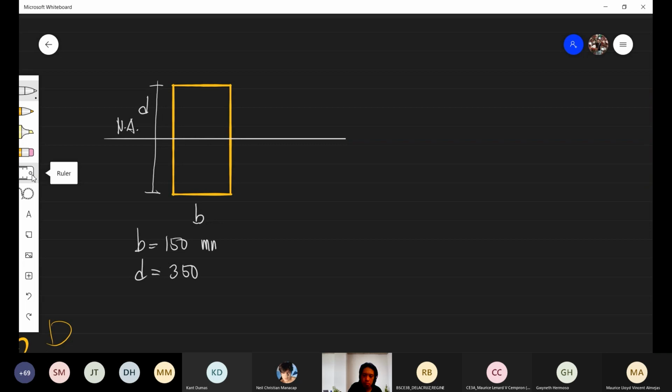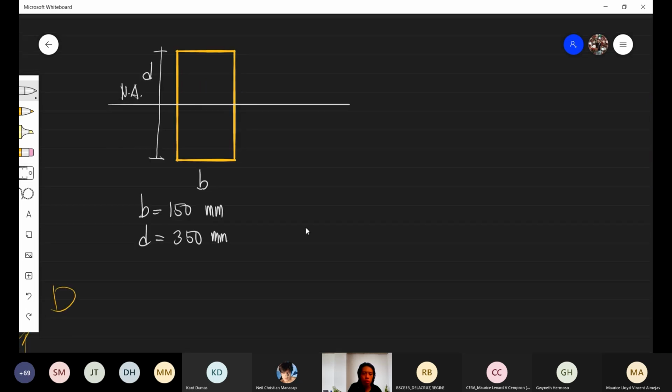This is in mm. Okay. And say for example, your section is subjected to a moment equal to 50 kilonewton meter.